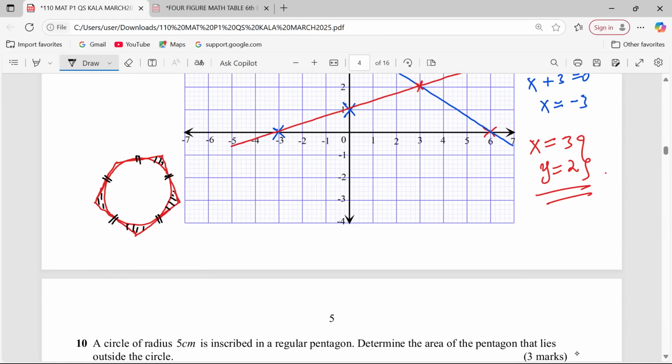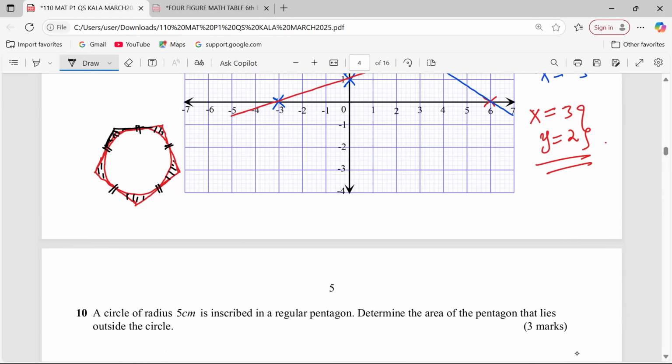Then by taking the whole pentagon and subtracting the circle, we will get the shaded area, which is the area of the pentagon outside the circle. So let me approach it this way.